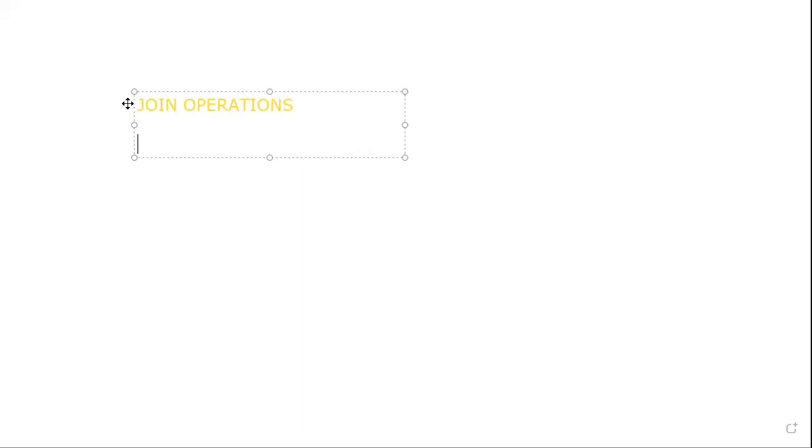So join operations are basically used in DBMS to merge two tables' data. If you have two tables and you want to get information from both, then you can use the join operations.